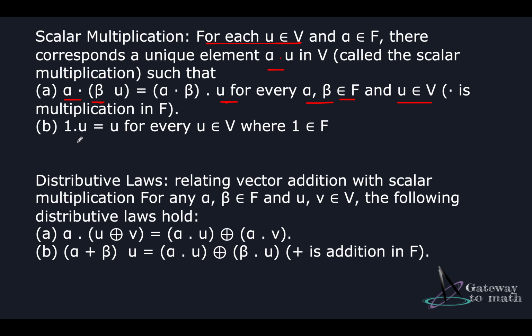So the next property is, if you multiply that vector with a 1, you will get the vector back. So u belongs to V where 1 belongs to the field. This property also has to be satisfied.